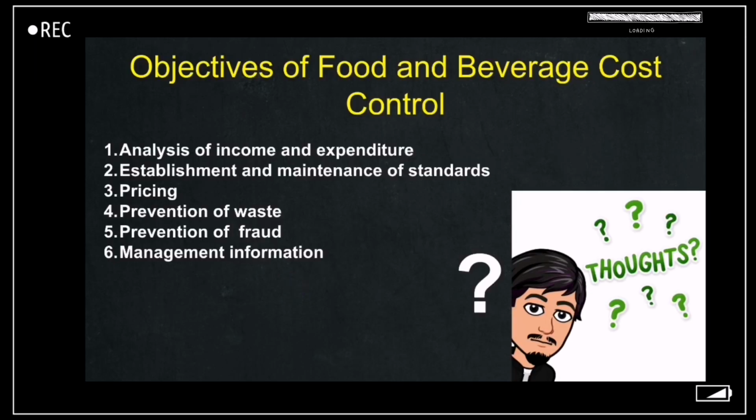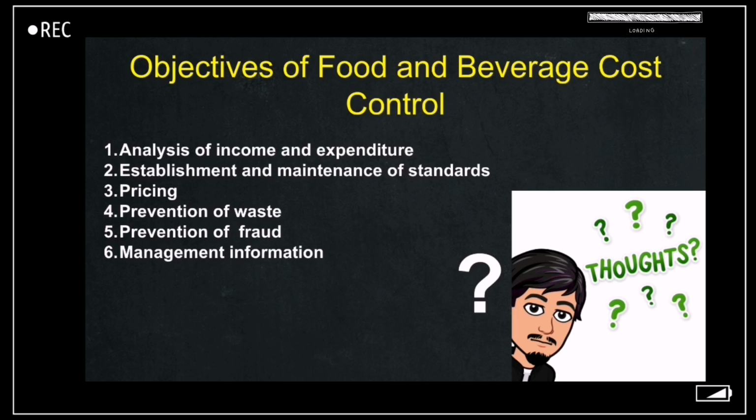So, let us move with the objectives. So, ano ba ang objective ni food and beverage cost control? So, first is analysis of income and expenditure. So, kung sinabi natin analysis of income and expenditure, the analysis must only focus on the income and expenditure related to food and beverage.